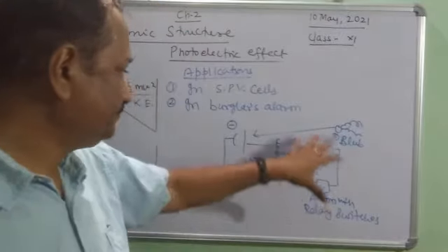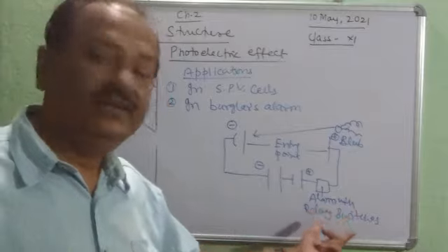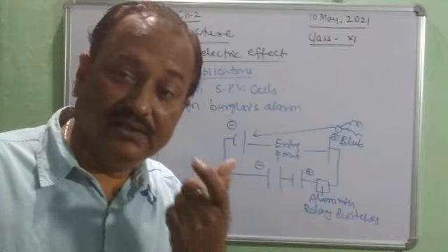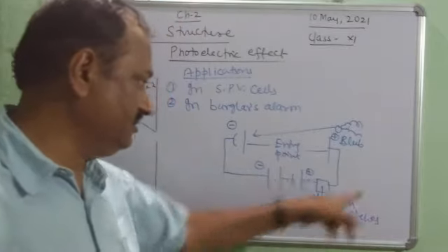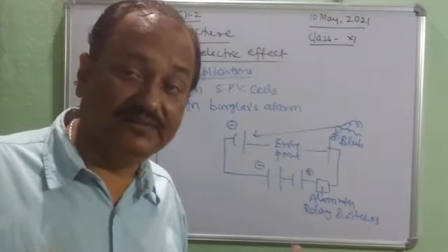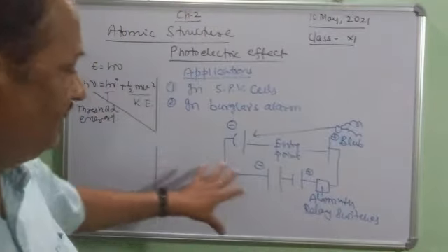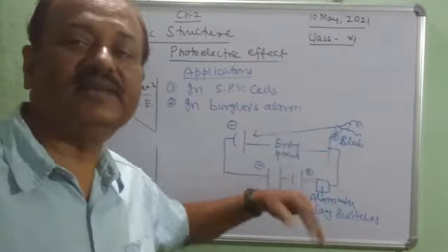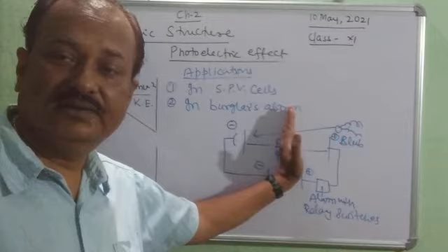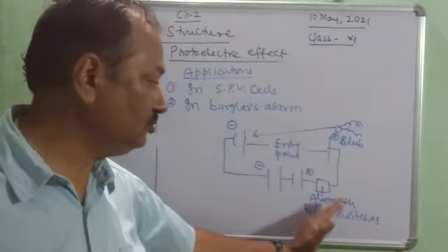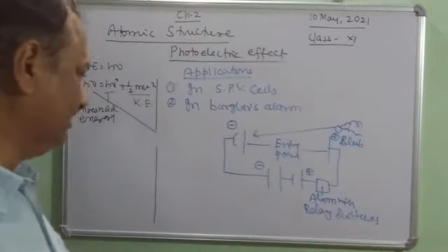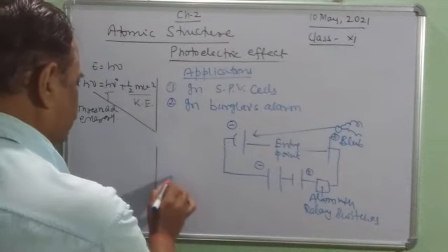So as long as the current is flowing, relay is off. It is some sort of electromagnetic device, a very small device. And when a burglar or thief comes here, the supply will be cut off, and so this relay will be on, and so it alarms. So this is the application.